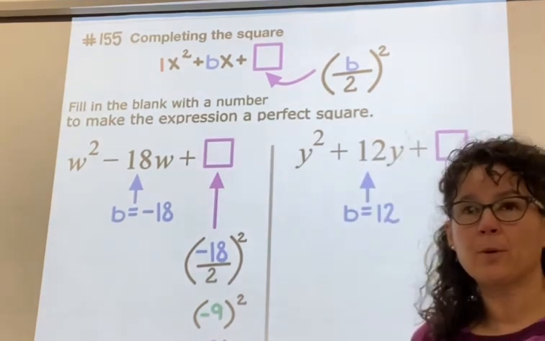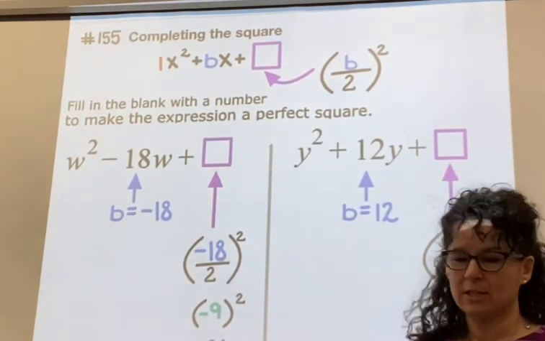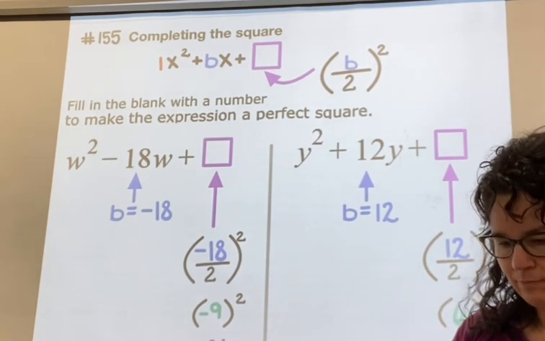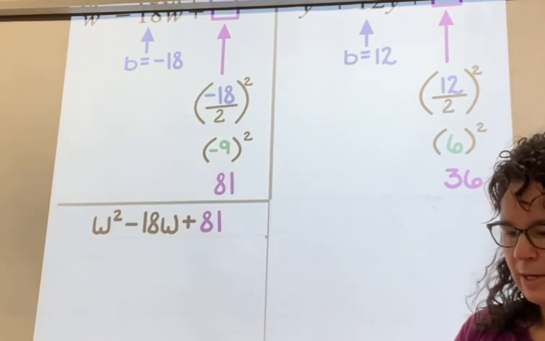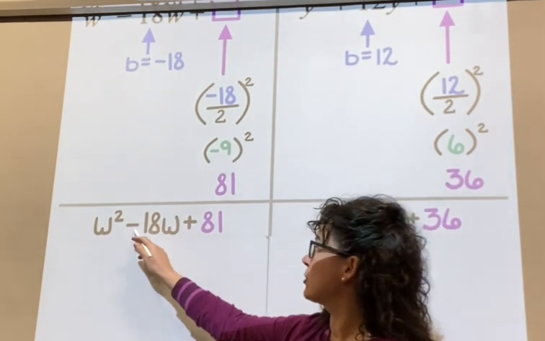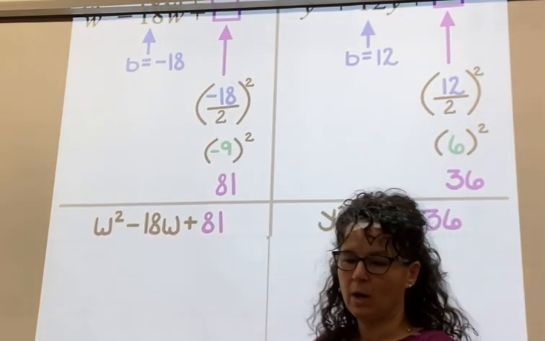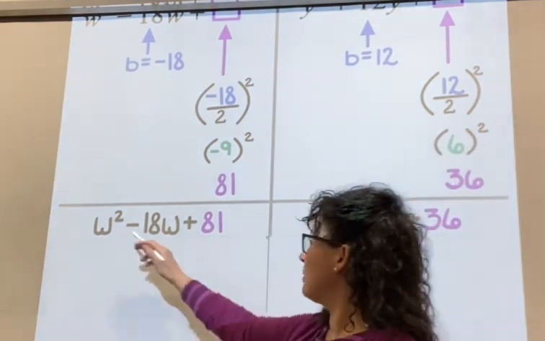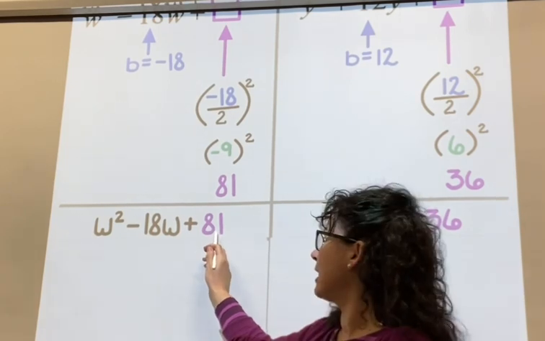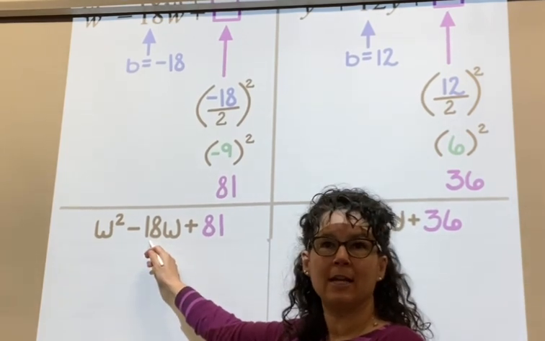But just a quick preview of the meaning of what we just found. So we've rewritten this as w squared minus 18w plus 81. And it's a perfect square. If I said factor it, you would be thinking of two numbers that multiply together to get 81 and add up to negative 18.